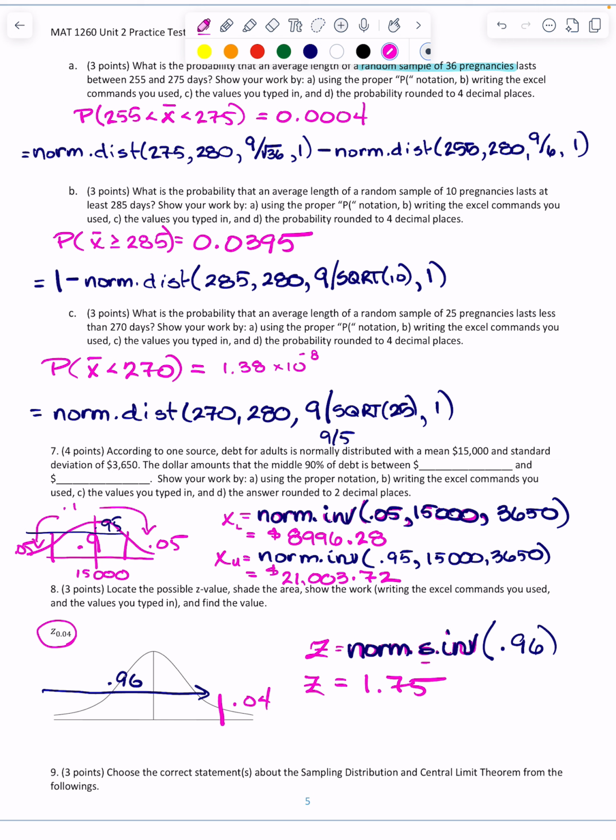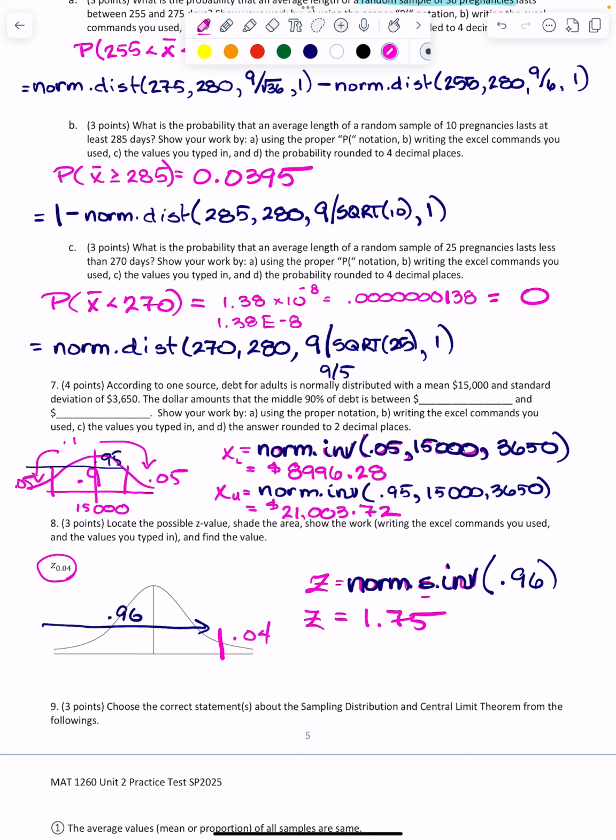So in Excel, it's 1.38 e negative 8, which is the times 10 to the negative 8 part, which means a decimal with 1, 2, 3, 4, 5, 6, 7, 8 places, which is basically 0.